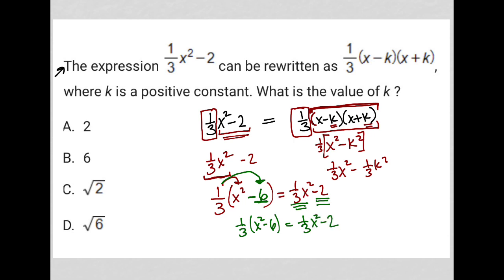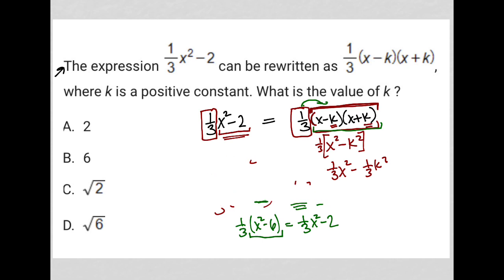It's important that I write it this way because now I have the same structure as the right side, with the set of parentheses. Again, this 1/3 is not just a coefficient; it gets distributed across whatever's to the right of it. So now that I have that correct, let me erase this and write that right below.